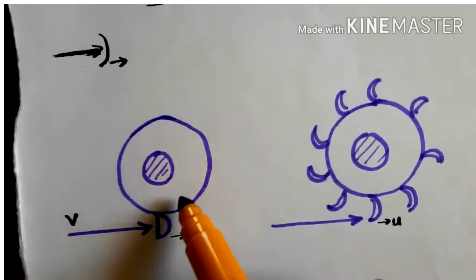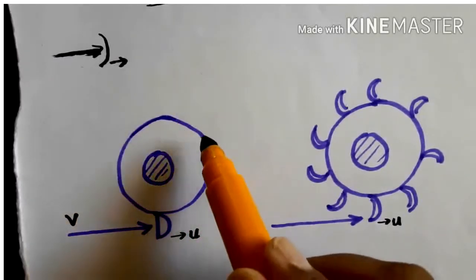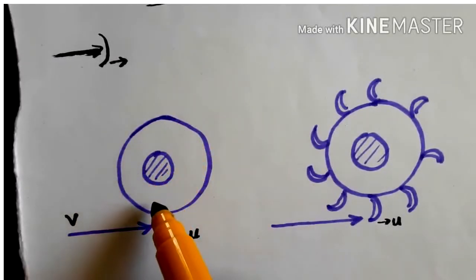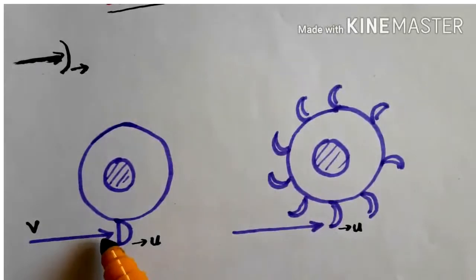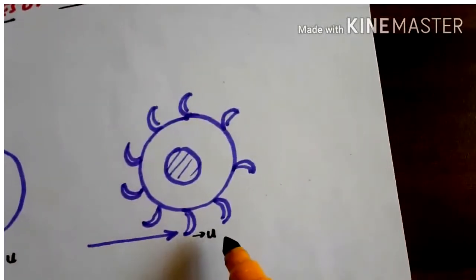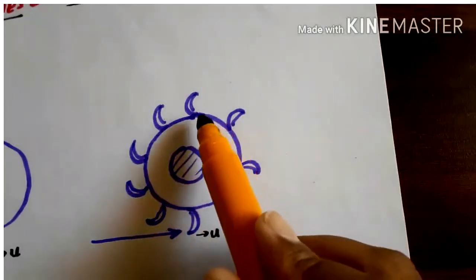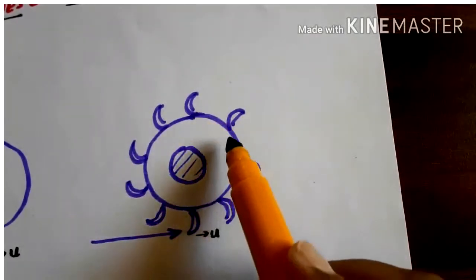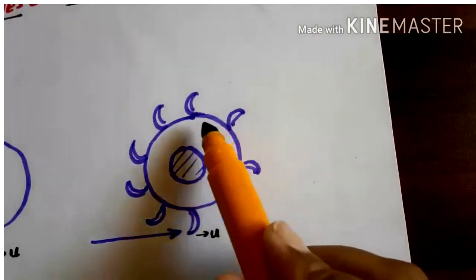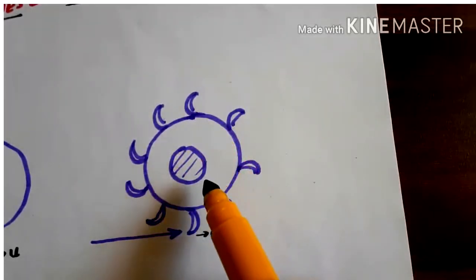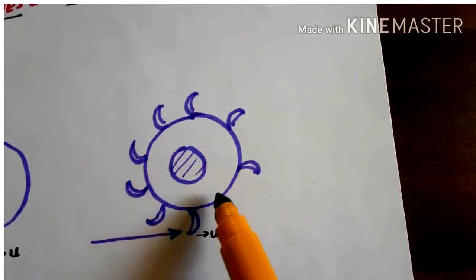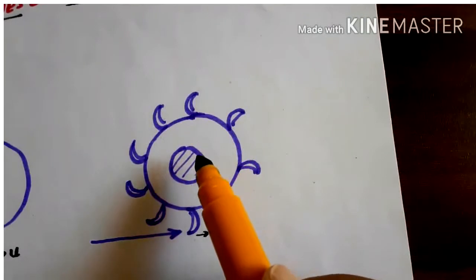So this case is only theoretical, it is not practically feasible. To overcome that, the next arrangement will be like this: a series of vanes mounted on the periphery of the impeller like this. In this case we get the continuous rotation of the impeller.